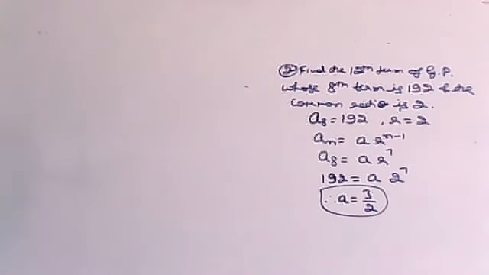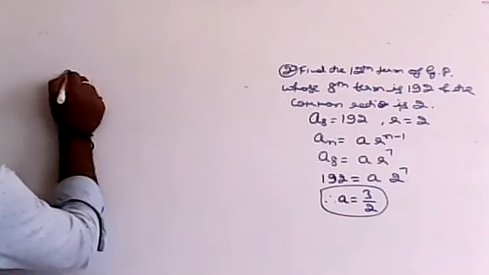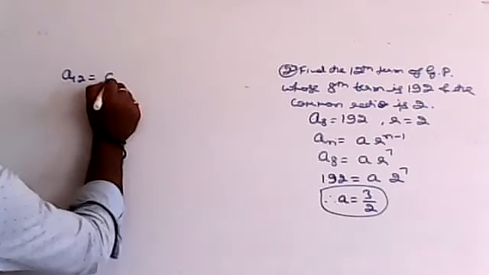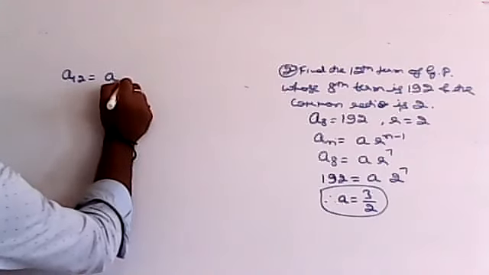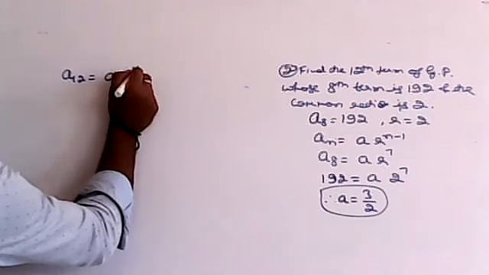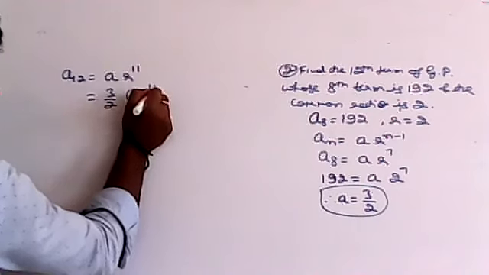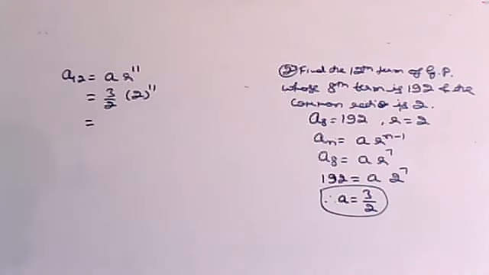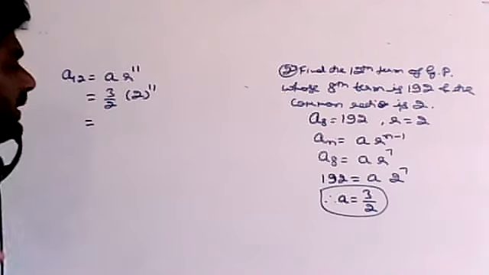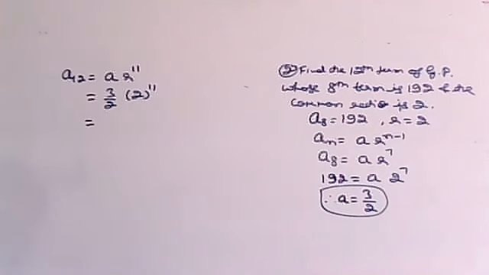Then go for the next. Find the 12th term. A12 equals A R to the power of 11, no? A is 3 by 2, R is 2 to the power of 11. Calculate and tell me the answer for that one. 3072.